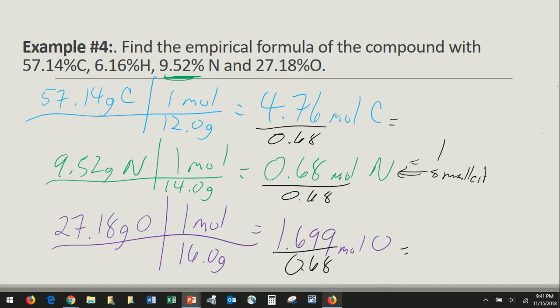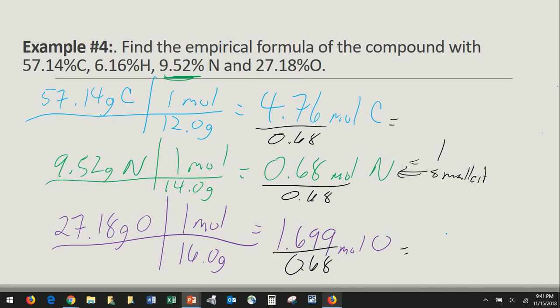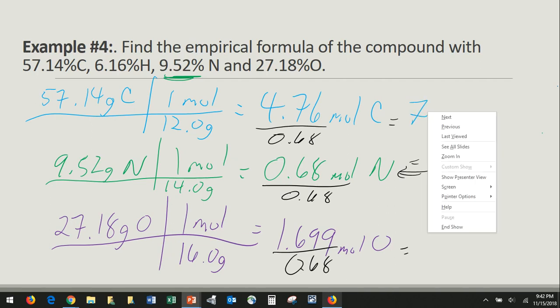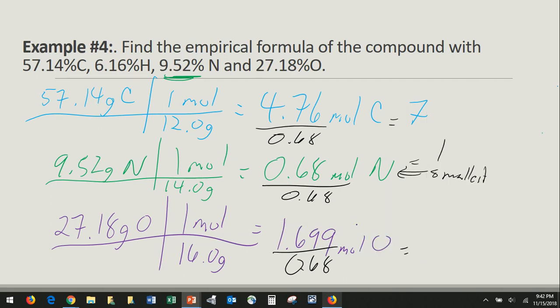The carbon one will become 4.76 divided by 0.68 is 7. And the oxygen will be, if I get to purple, 1.699 divided by 0.68, 2.498, which is basically 2.5.